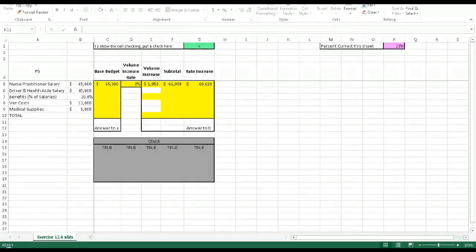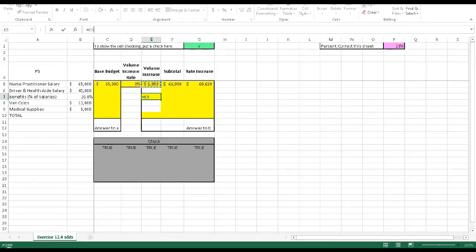Remember, benefits are percentage of salaries, and so they're 20%. So to show you again, we talked about this earlier. So it's going to be whatever the salary is, which in this case is, we want to know what the bump is.